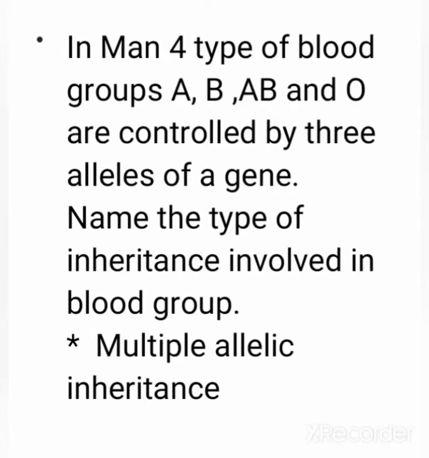In man, 4 types of blood groups A, B, AB and O are controlled by 3 alleles of a gene. Name the type of inheritance involved in blood group. We know that it is multiple allelic inheritance.